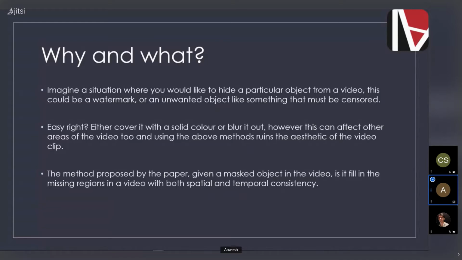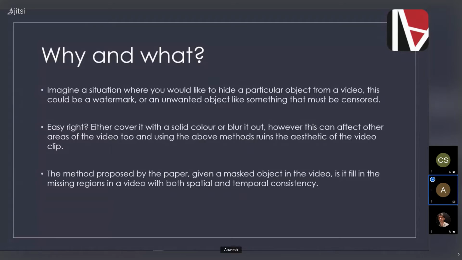Generally, we either blur it out, or we paste solid color over it so it doesn't show. But this can cause a variety of problems. For example, it can cause the neighboring regions to also be blurred or blocked out, and it also ruins the aesthetic of the video. So the video wouldn't be as pleasing to look at as it was before.